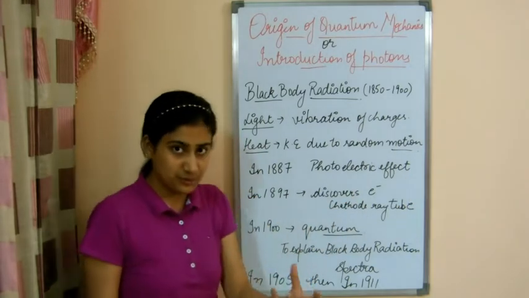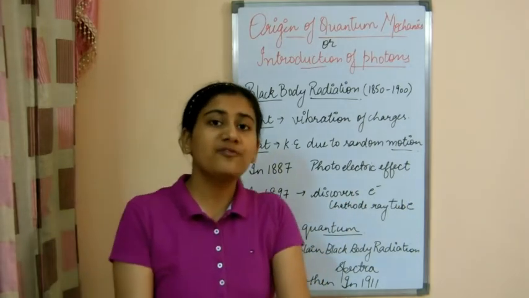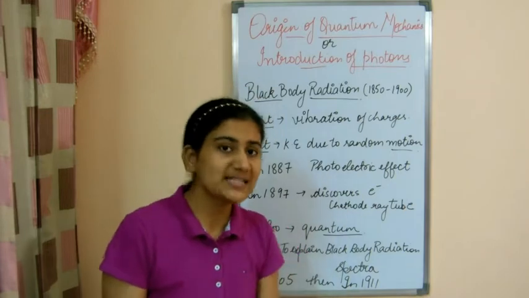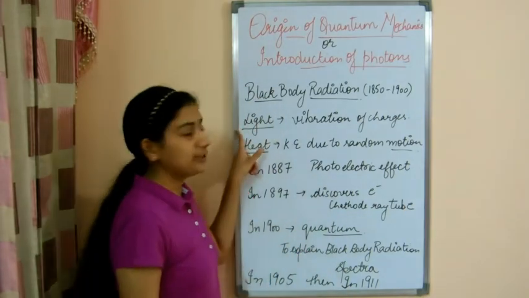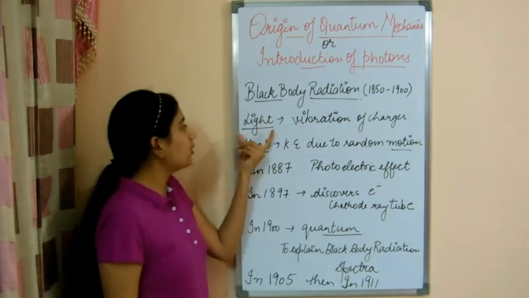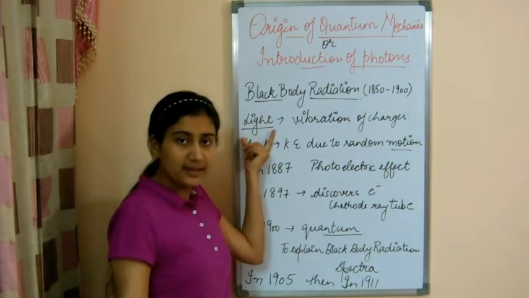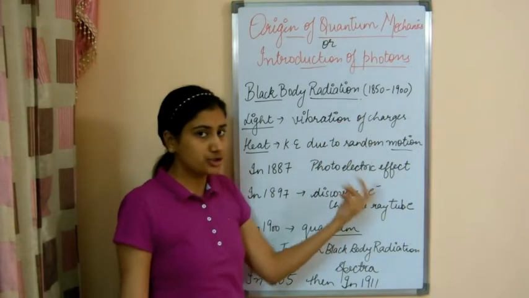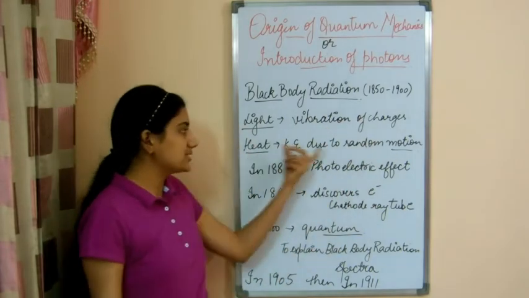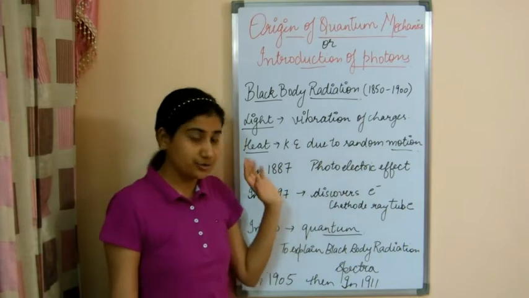So those assumptions became a field of science which explained light. They both had assumptions for light only. Earlier the light was only an EM wave, produced by the vibration of a charged particle, and there was heat because of random motion.